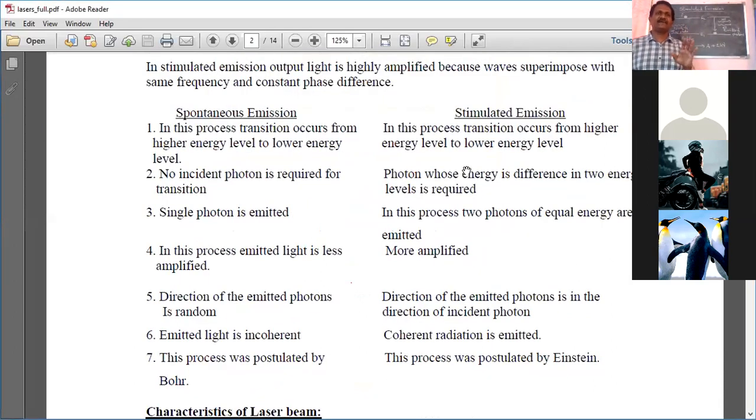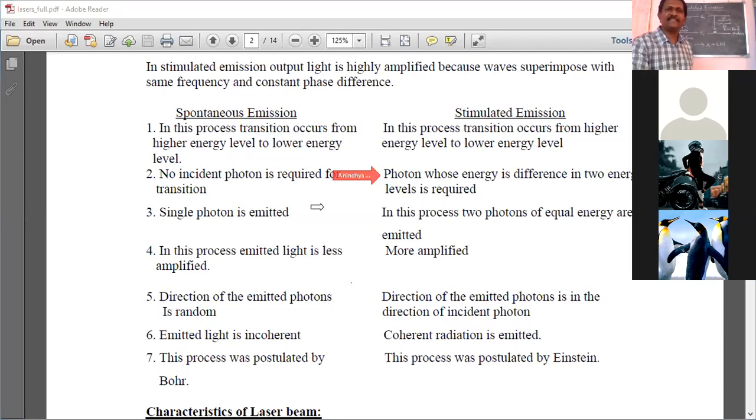Spontaneous emission is a process by means of which the transition occurs from higher energy to lower energy, and no incident photon is required. Whereas in stimulated emission, we require an incident photon. Incident photon అనేది మనకి కావాల్సి వస్తుంది. Here we require photons whose energy is equal to the difference between the two energy levels.